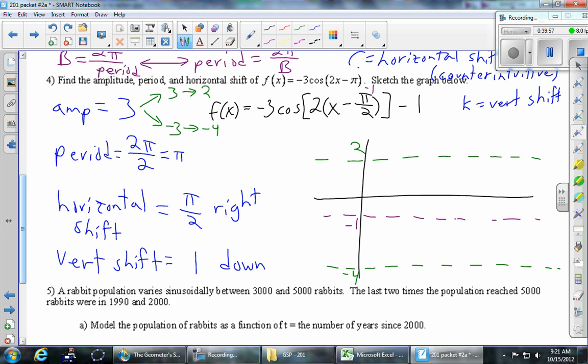So instead of starting on the y-axis somewhere, maybe normally it would start up there. Now I'm going to start it over here where I've gone pi over 2 to the right, something like that. So let's just start marking up our x-axis here. I'm going to go ahead and put pi over 2 as our starting point. We're going to start somewhere above or below that point.